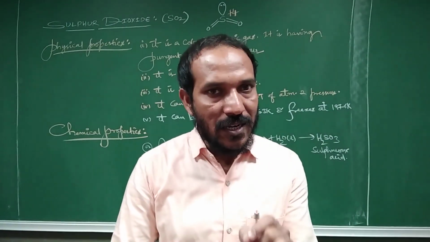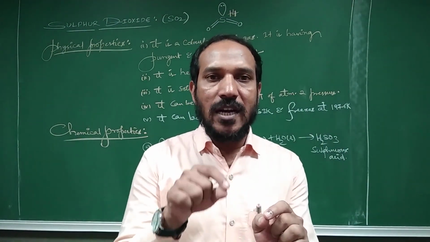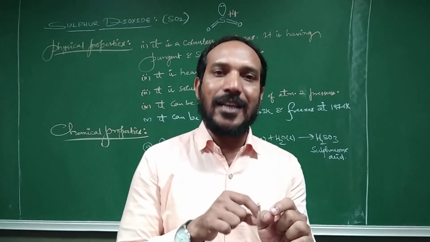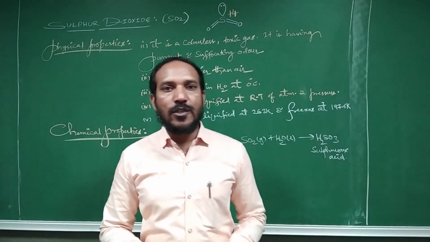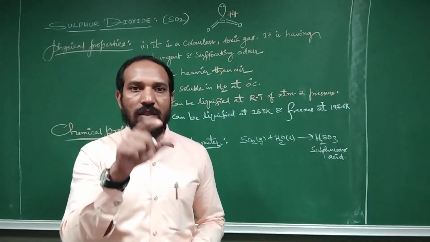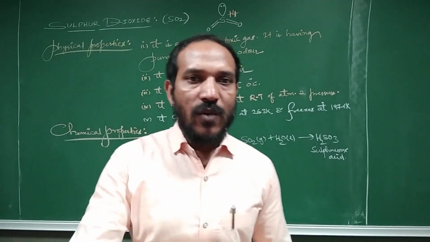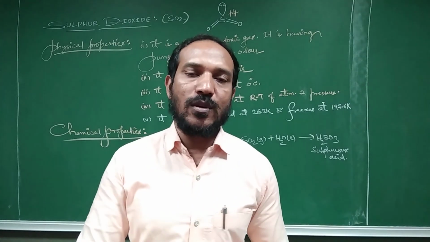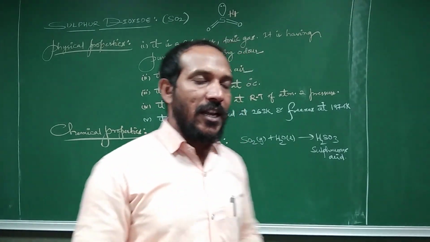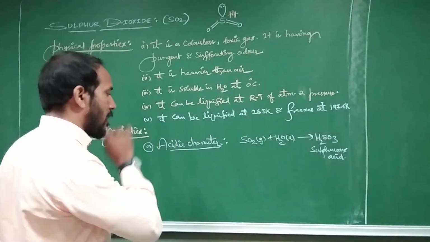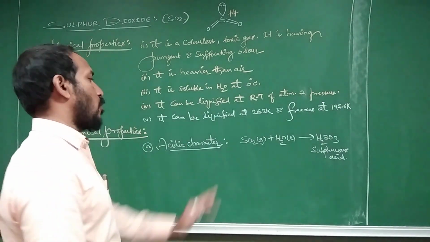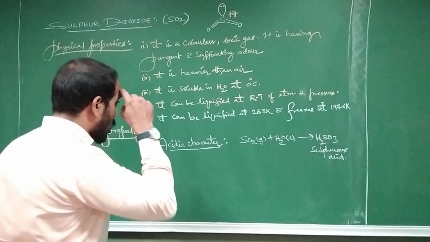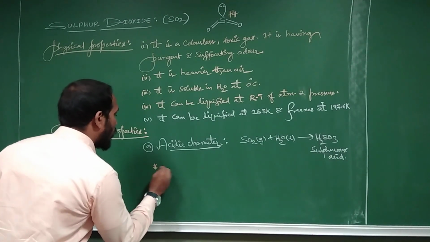So what is acidic character? Non-metallic oxides are always acidic oxides. When they dissolve in water, they form an acid solution, and you can check with blue litmus paper, which will turn red. So this clearly indicates that it is an acid, meaning sulfur dioxide has acidic property or acidic character. So I can say sulfurous acid.